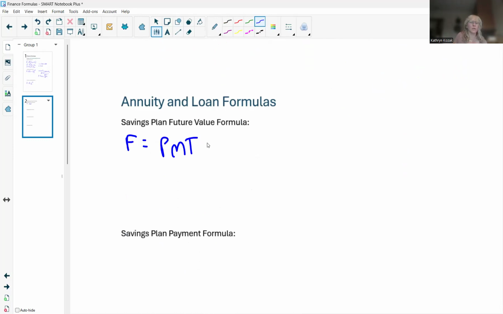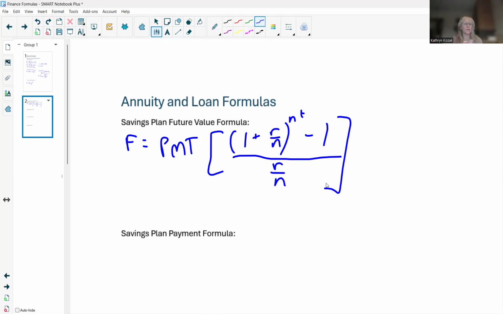With annuities and loan formulas, you're going to have a payment involved, times 1 plus R over N to the NT minus 1, all over R over N. Again, F stands for your future value. PMT stands for your payment, how much you pay either monthly or yearly or quarterly, or whatever your number of compounding periods is. R is again your interest rate, N is your number of compounding periods in a year, and T is your number of years.